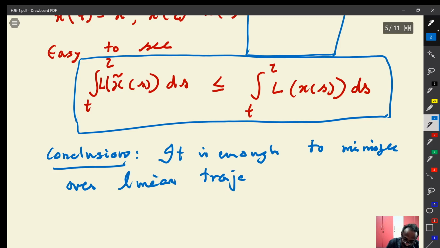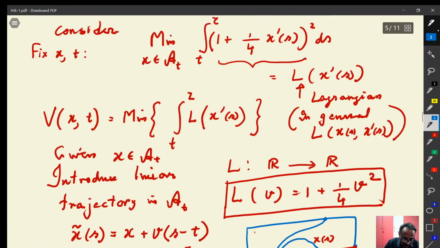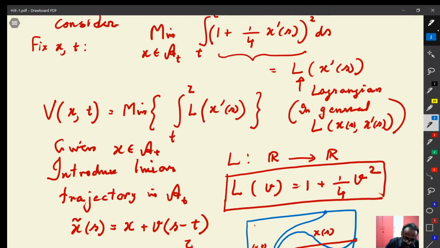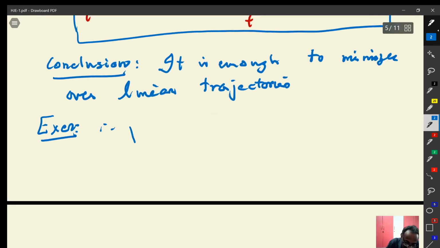That's an important thing. So you have a small exercise to do immediately. Exercise. Therefore, the minimization problem can be reduced to a minimization problem over the reals.